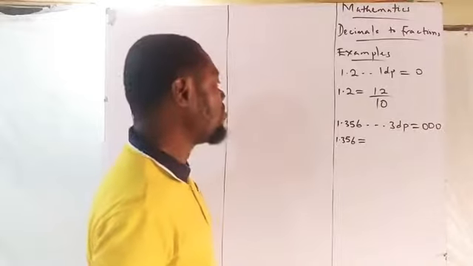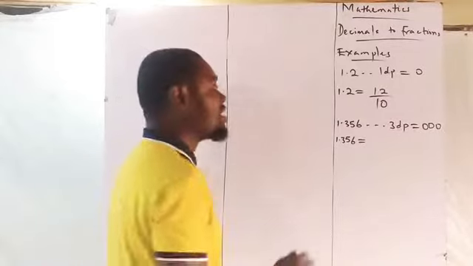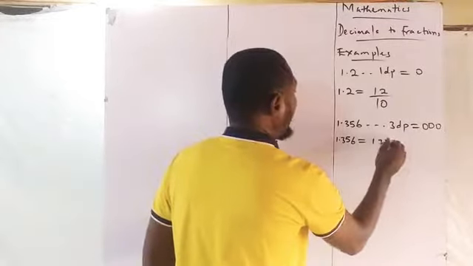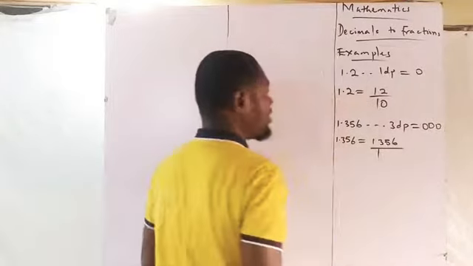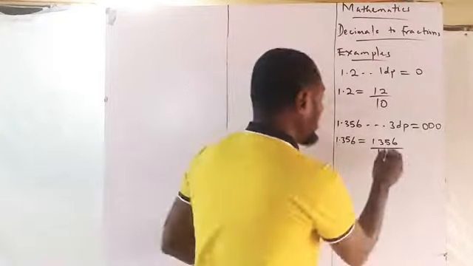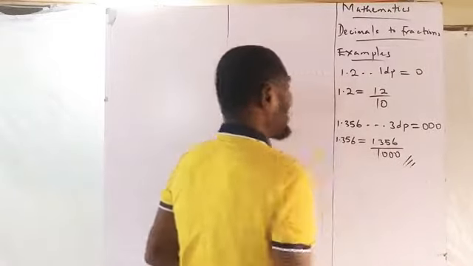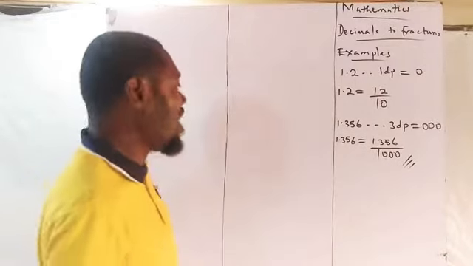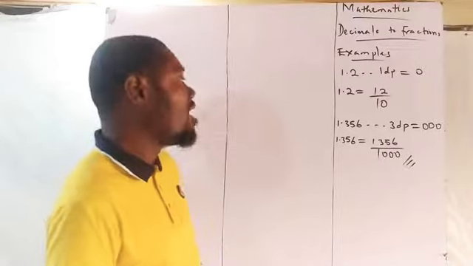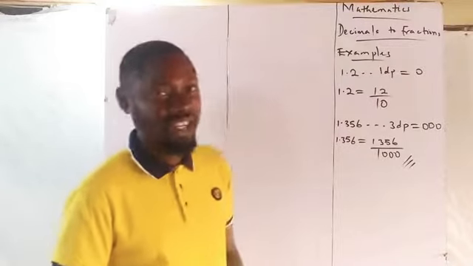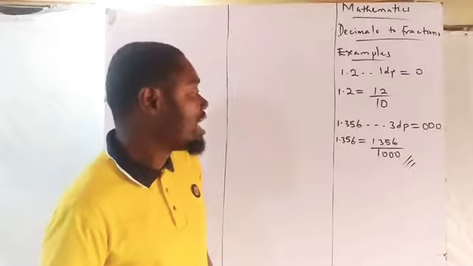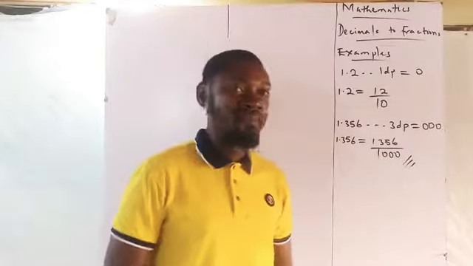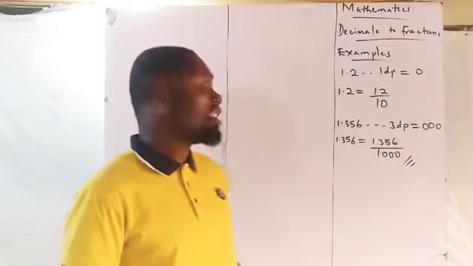Write 1.356 as 1356 without the point, all over 1. And simply take the 3 zeros and add them. This is your final answer. So 1.356 is equal to 1,356 all over 1,000.